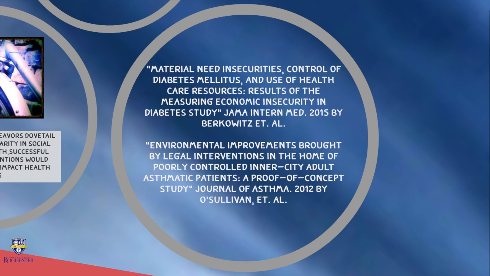The second article, Environmental Improvements Brought by Legal Interventions in the Home of Poorly Controlled Inner-City Adult Asthmatic Patients, looks at one specific type of intervention, that of the legal intervention on behalf of patients with asthma to help patients confront housing inequalities that impact their care and process of the disease of asthma.